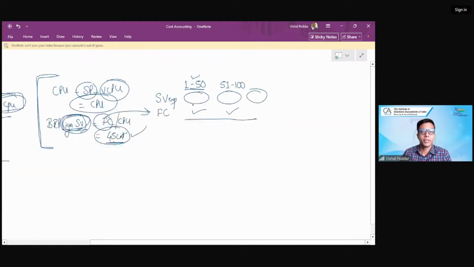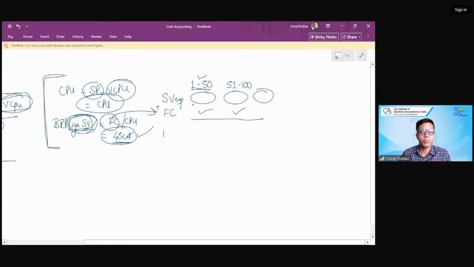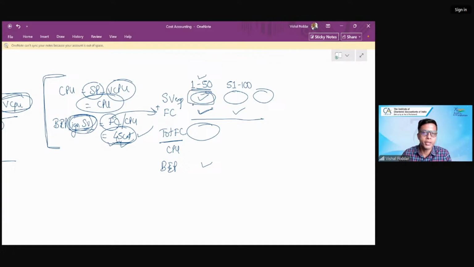This total becomes my total fixed cost, which includes semi-variable and your regular fixed cost. Again, divide this by CPU, you get BEP. Now, originally what we were getting, 45, will definitely be higher here because now we have added the semi-variable component.